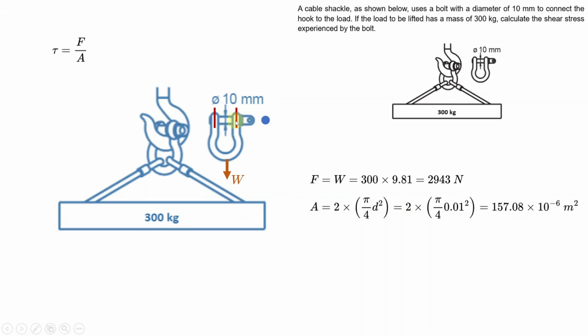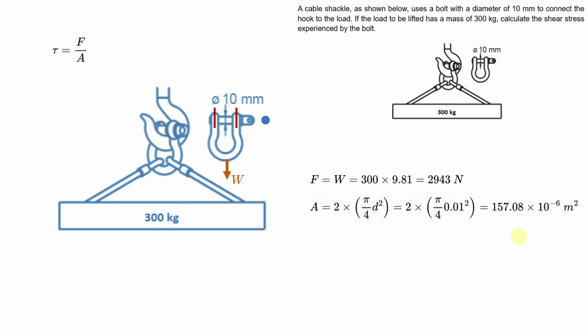We have shear here and we have shear there. The area here is in shear, the area there is in shear. And so once you do that, the value of the area that you get is 157.08 multiplied by 10 to the minus 6 square meters. And so that's the shear area.